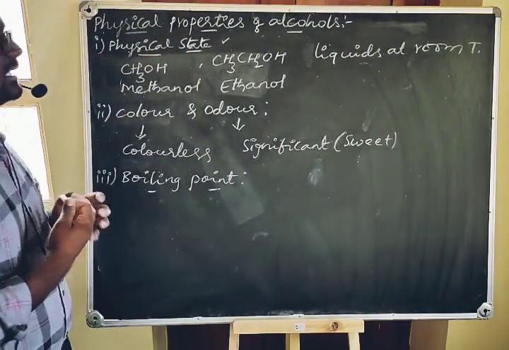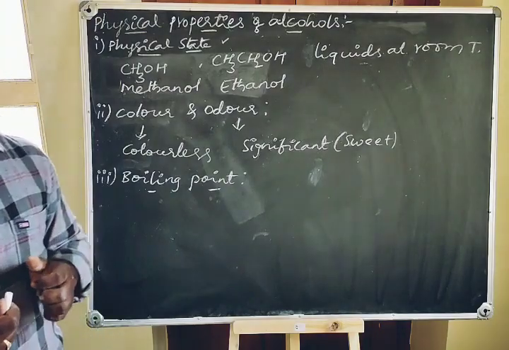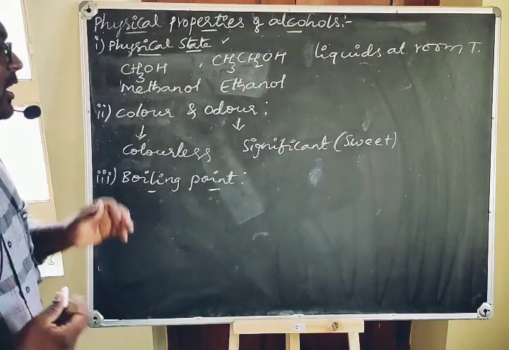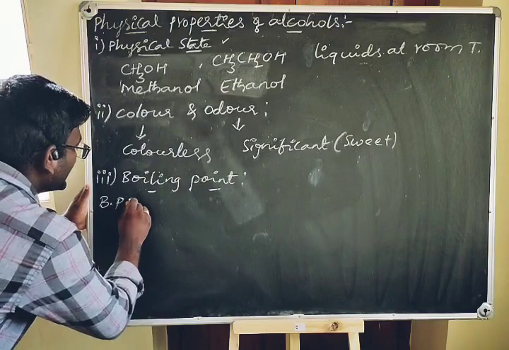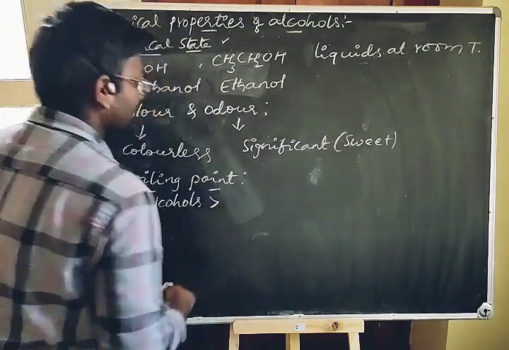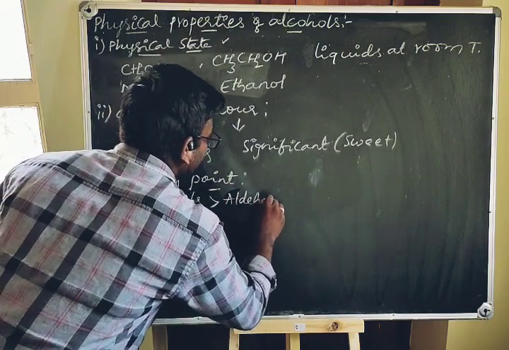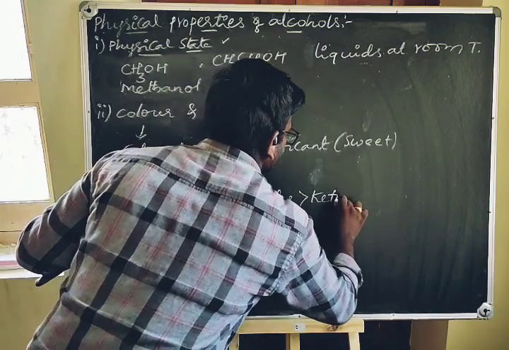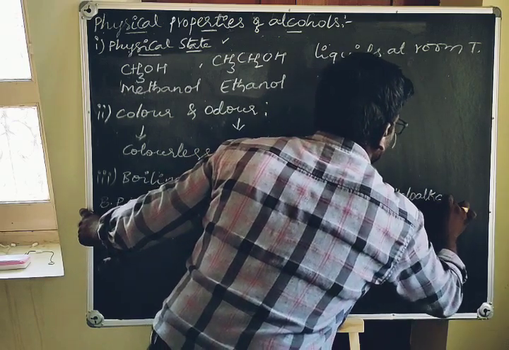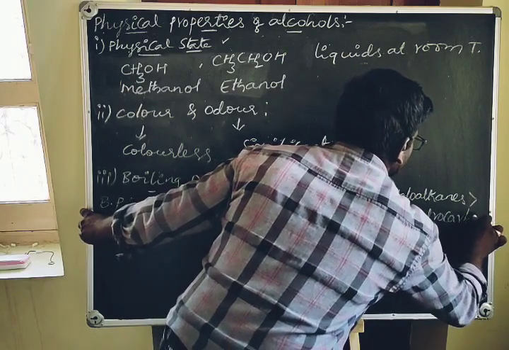When these exist as liquids at room temperature, definitely their boiling point will be higher when compared to hydrocarbons, haloalkanes, aldehydes, ketones, etc. You can say that the boiling point of alcohols is high when compared to the carbonyl compounds such as aldehydes, ketones, then haloalkanes and hydrocarbons.